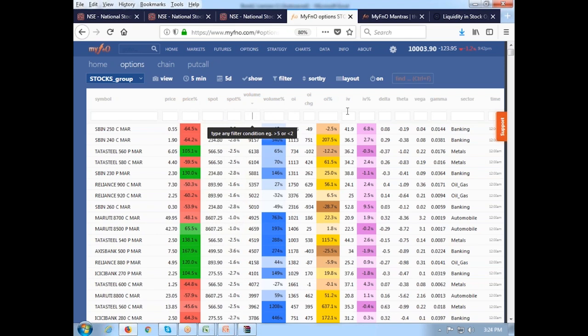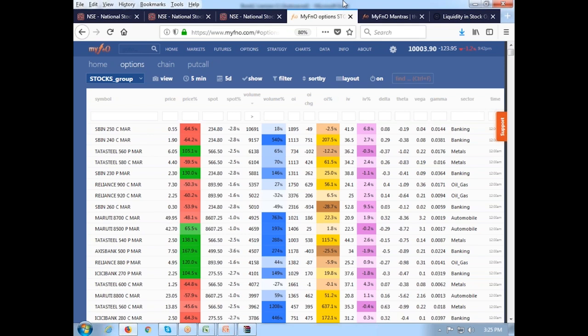So you create a benchmark. There are two data points you need when you're talking about liquidity: one is volume and another is open interest. I'll concentrate on volume first. Open interest will come later.